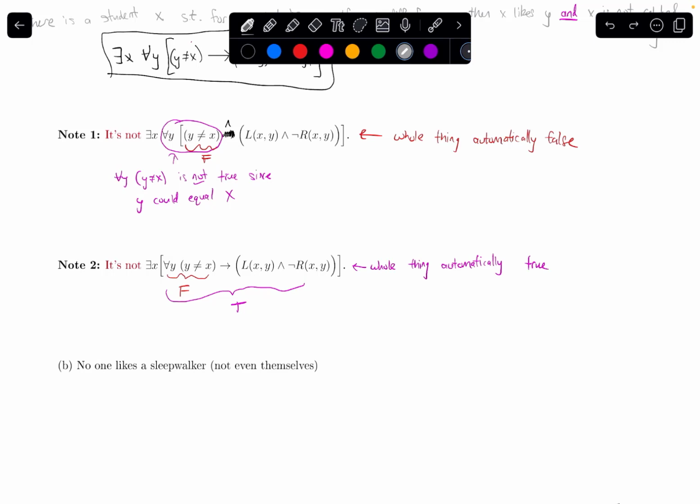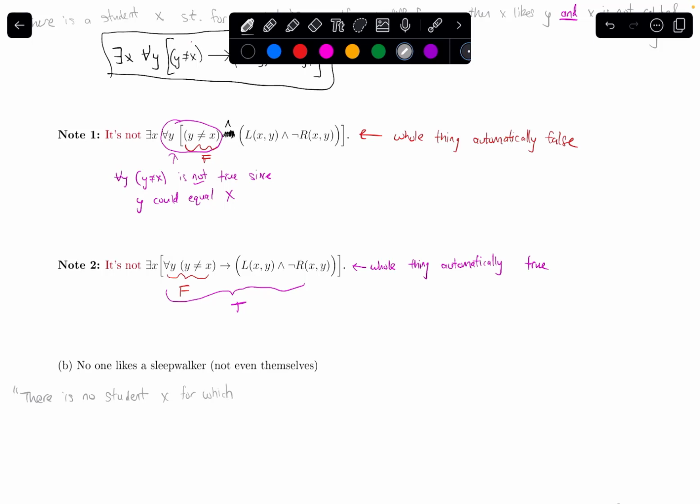So I can write there is no, and the person we're talking about for this problem is a student, because that's the domain of my variables. There's no student, SCU student. Let me introduce a variable to talk about that student. So that's going to be the variable that goes with this there is quantifier. There is no student x. And then I can write like for which, or maybe such that, no student x for which.